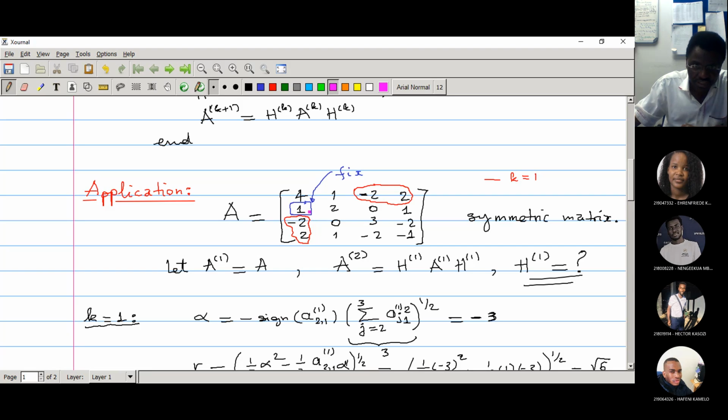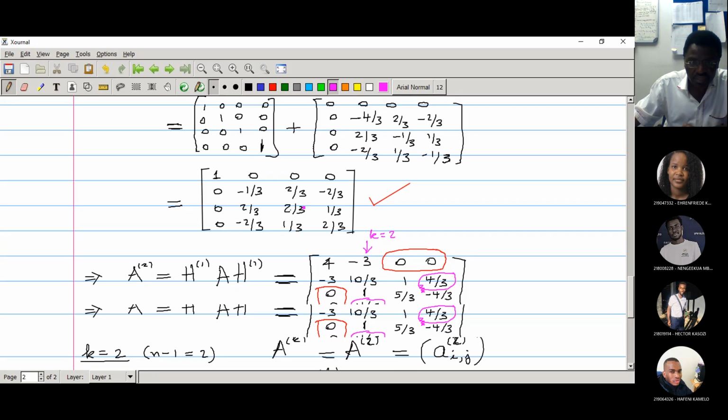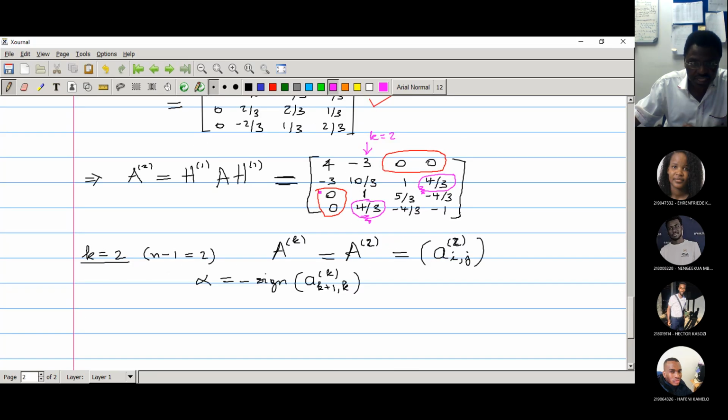We fix this entry. Now, when we compute, you see, it gives us -3 here. But it remains a non-zero entry. We don't disturb that one. It's non-zero. We zero what is below. Similarly, we will fix this entry. We will not disturb it, but when we multiply, it will be modified. But this entire column will not be changed.